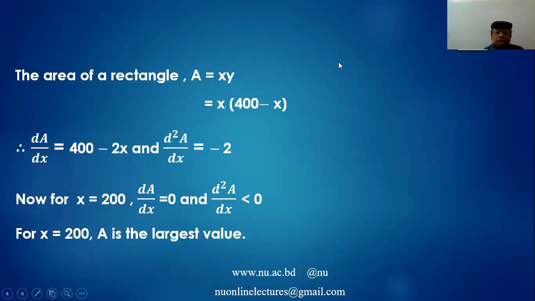For 400x minus x square, 400x gives 400 and x square gives 2x, because you apply d/dx of x to the power n, it should be n into x to the power n minus 1.